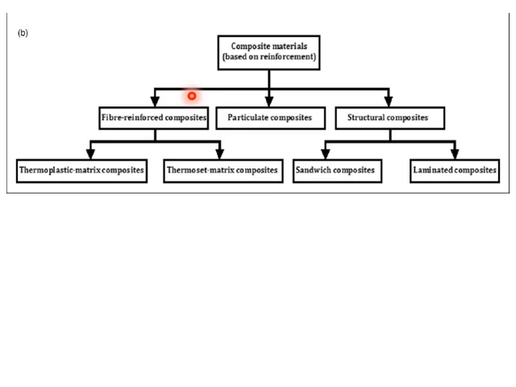If the L by D ratio is very less, then they are called particulate composite material. Even the fiber reinforced composite materials are classified into thermoplastic and thermosets, and structural composites are classified into sandwiched and laminated composites.